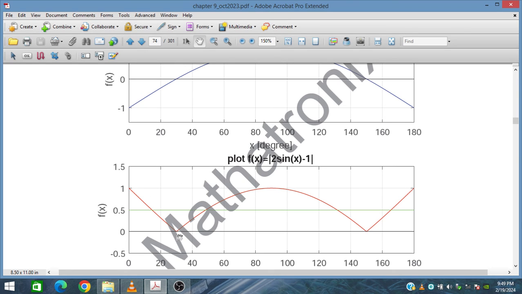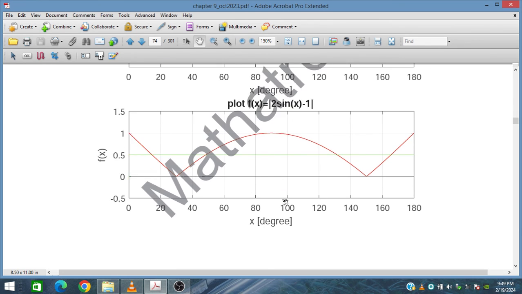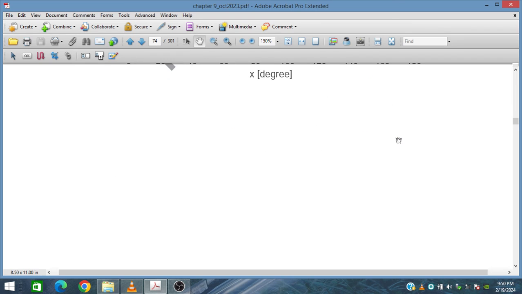So we can see that its range is from 0 to 1, and since this modulus value is equated with 0.5, here we have 4 solutions. One solution is here, this green line, and here we have 4 solutions: 1, 2, 3 and 4. So there are 4 roots. So this is simple. Question number 2.